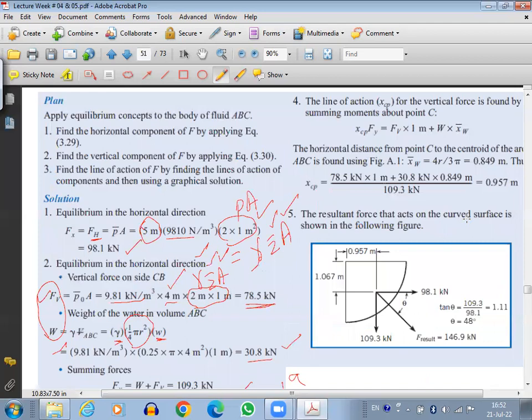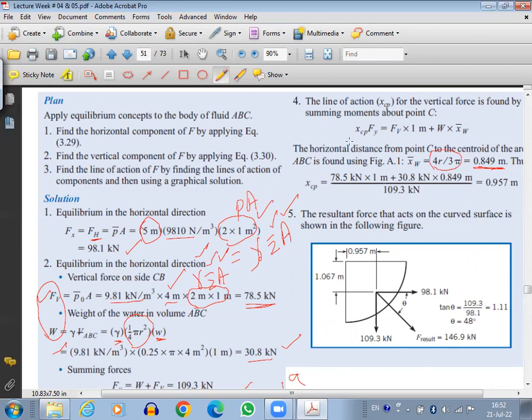For this, the formula will be given for the centroid of a quarter circle. The centroid for a quarter circle is 4r over 3 pi. Again, this formula will be given to you in the exam. So if we know the radius, we can find out the specific distance from the origin of this quarter circle.